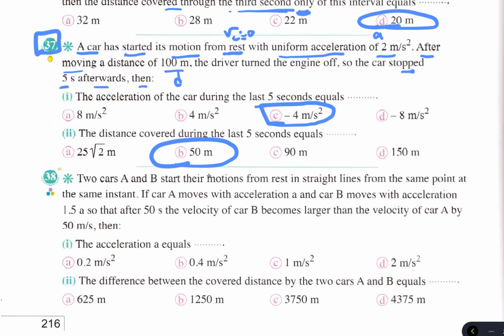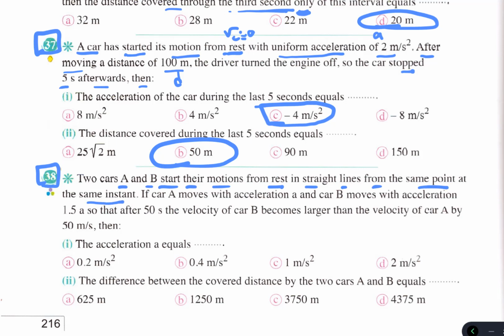Let's move to the last problem in this, number 38. 2 cars A and B start their motion from rest. So V initial for both equals 0. In straight lines from the same point at the same instant.